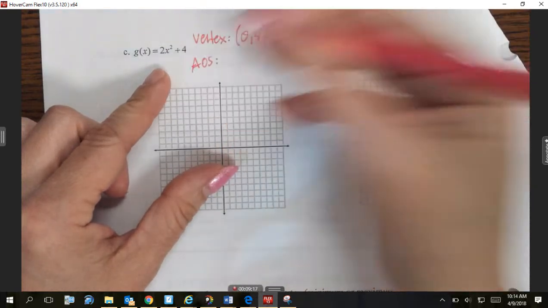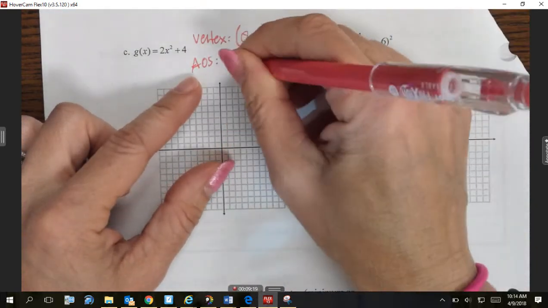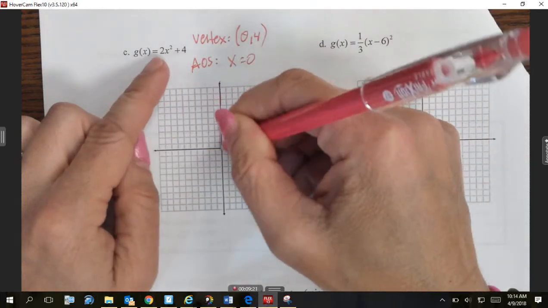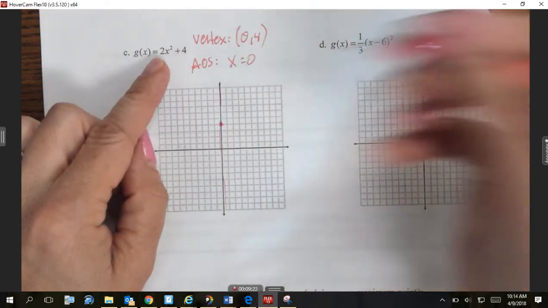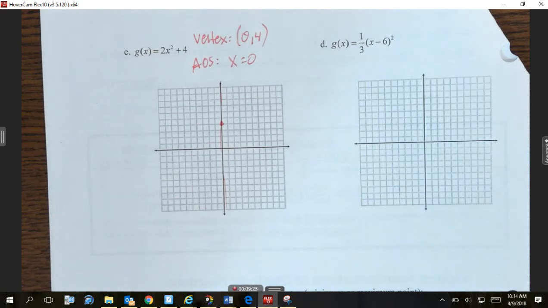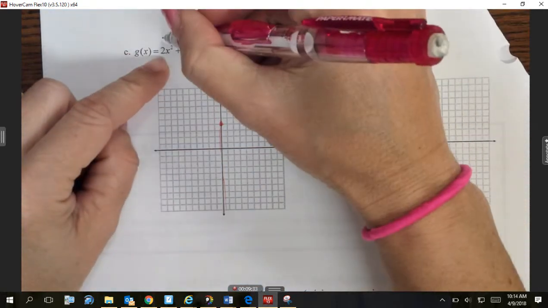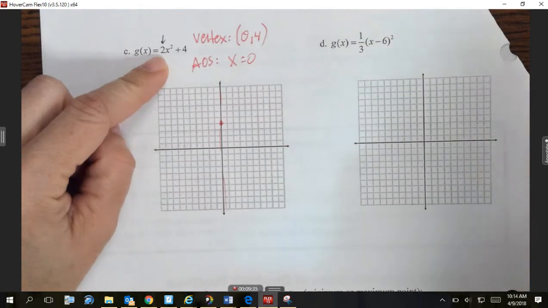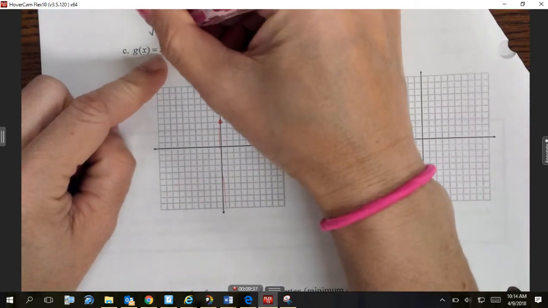Carissa, can you tell me that? X equals 0. Perfect. Now, if there is a stretch, I'm going to use a table. So since there is a number in front of this x squared other than 1 or -1, I'm going to use a table.